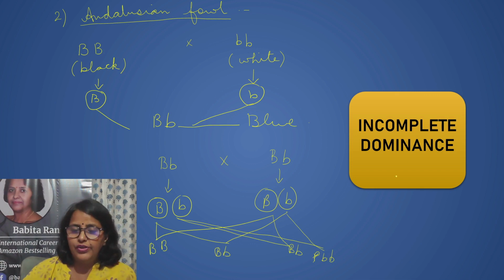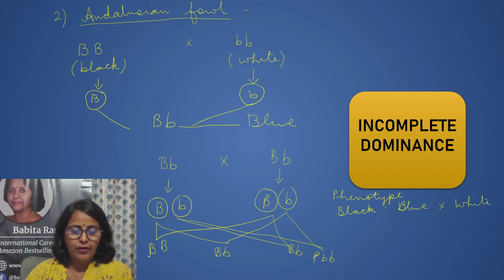If we look at the ratios, phenotype: black is to blue is to white. What is black? Only 1. Blue is 2, and white is 1.